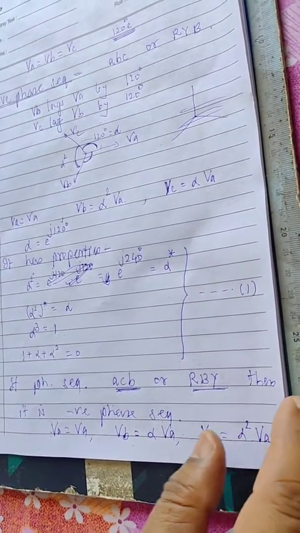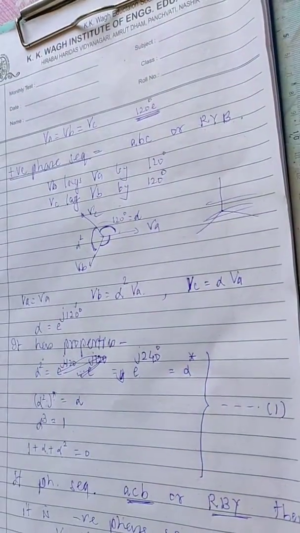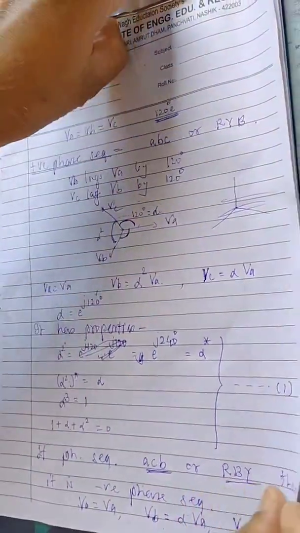The set of balanced phasors is fully characterized by its reference phasor VA and its phase sequence, which will be either positive or negative.